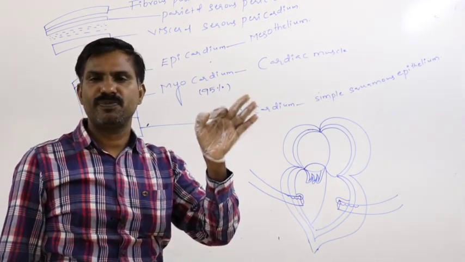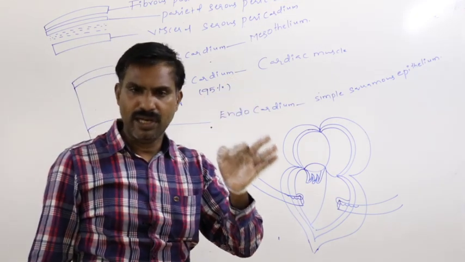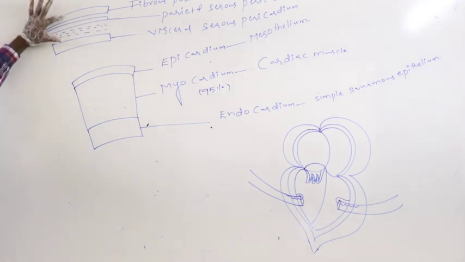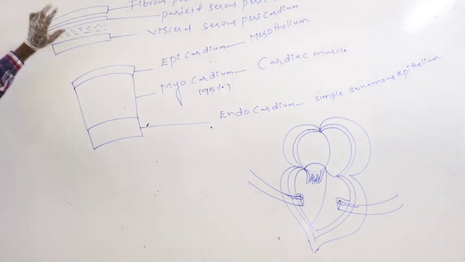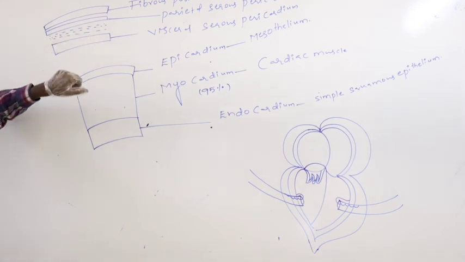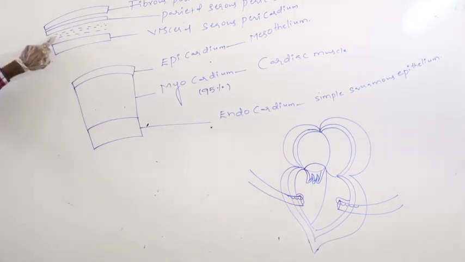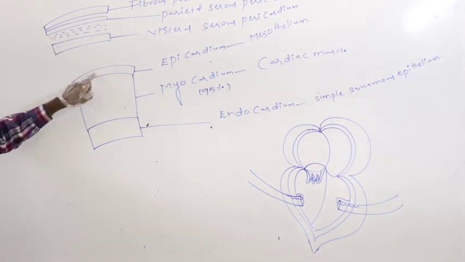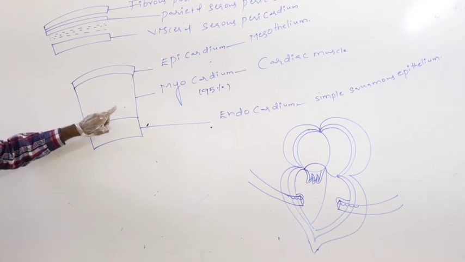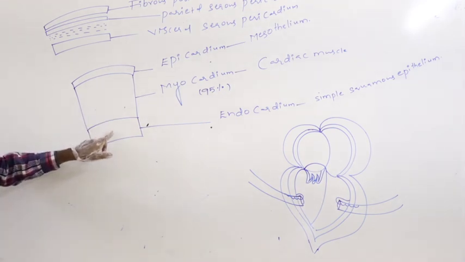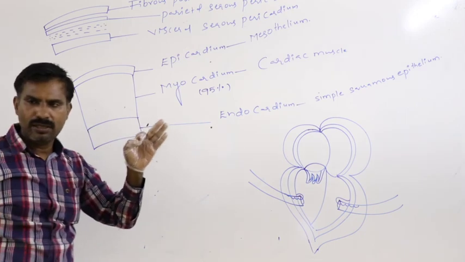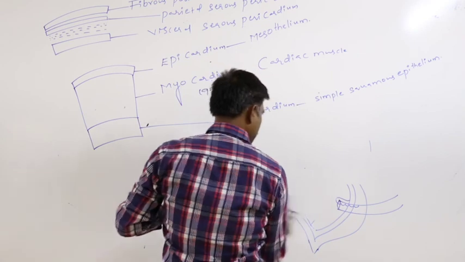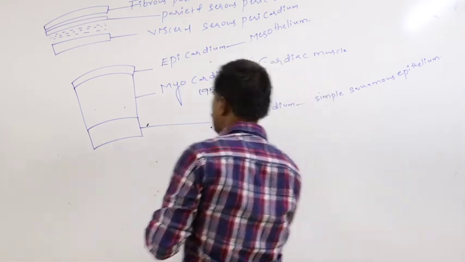The outermost layer is the fibrous pericardium, next parietal serous pericardium, next pericardial fluid, next visceral serous pericardium, next epicardium, next myocardium, next endocardium.